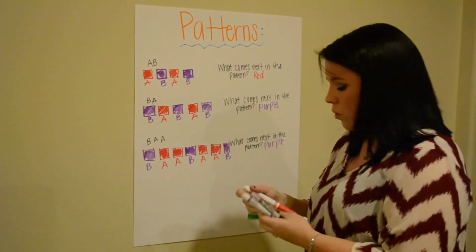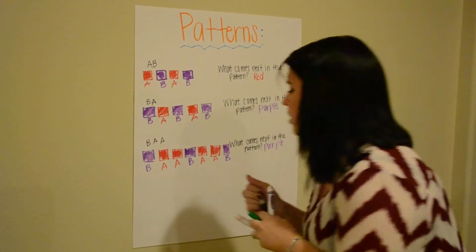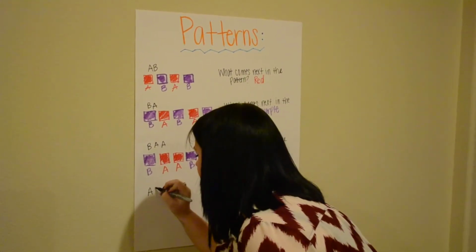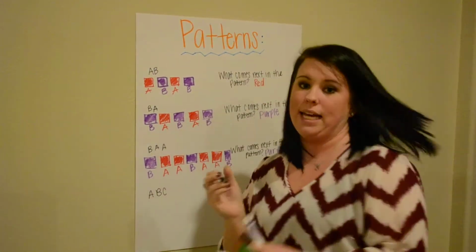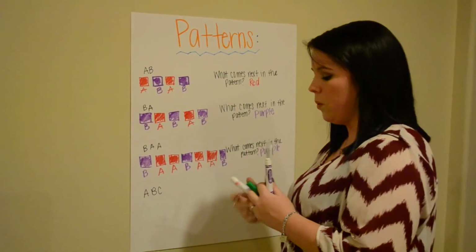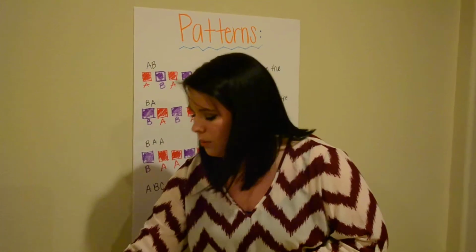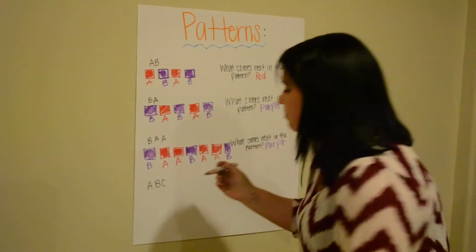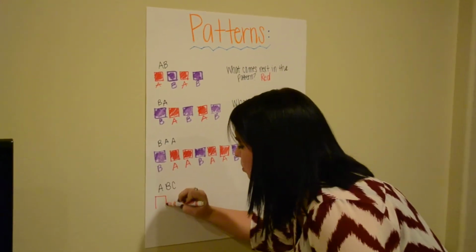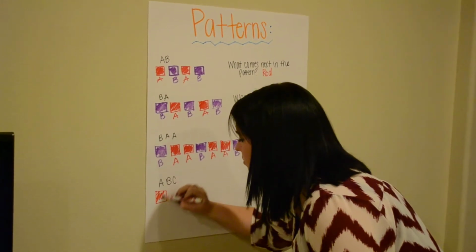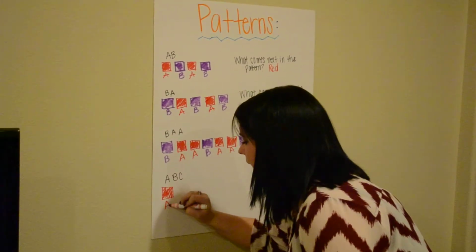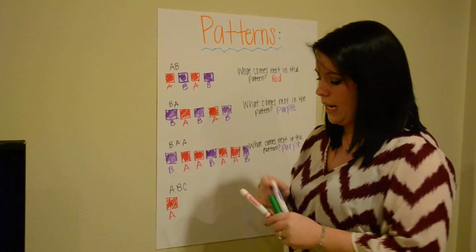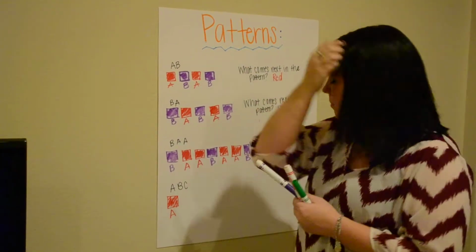So this one is going to be labeled A, B, C. So we're not going to make it too difficult. We're going to keep A being red. So we'll draw our first red square and label it A. We're going to keep B as purple.